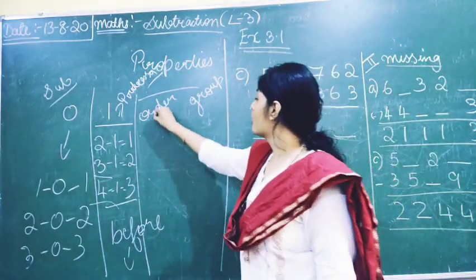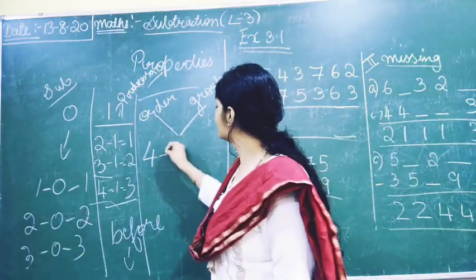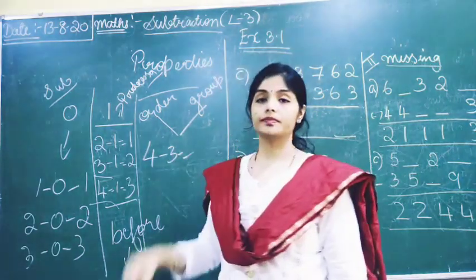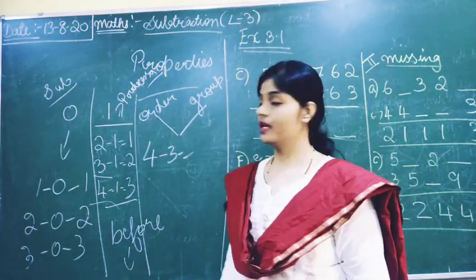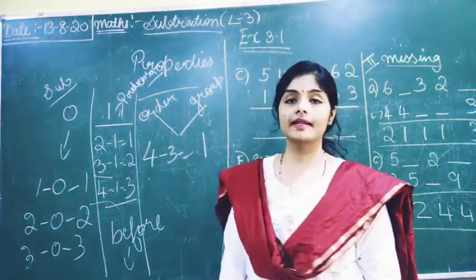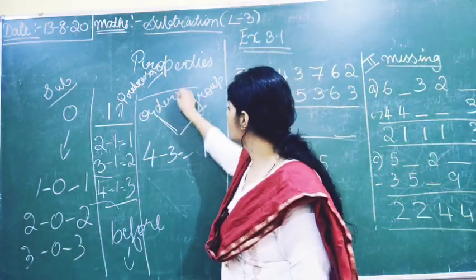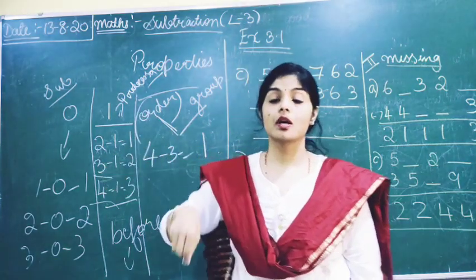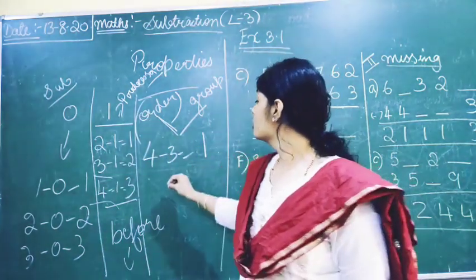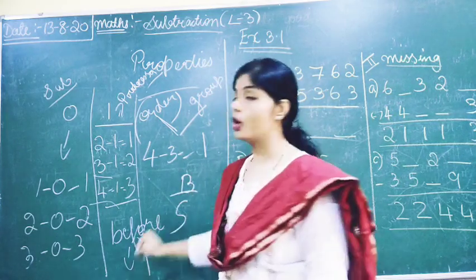Now the second one, order and group together we'll take. You subtract 3 from 4, how much? 1. 4 minus 3 is 1. But when you take the order, you can only subtract a small number from a big number.